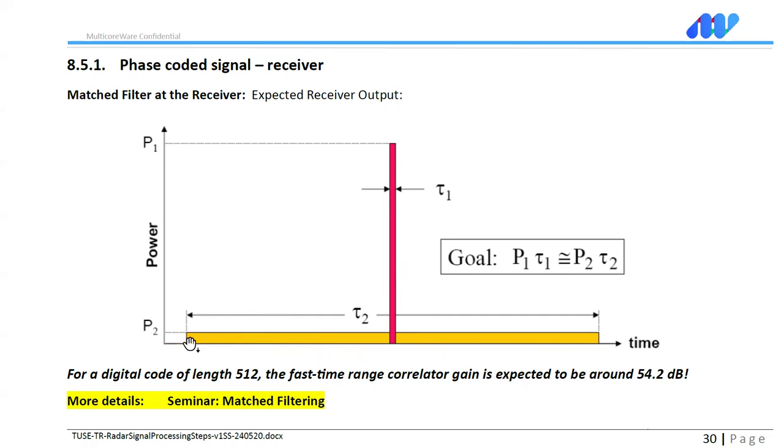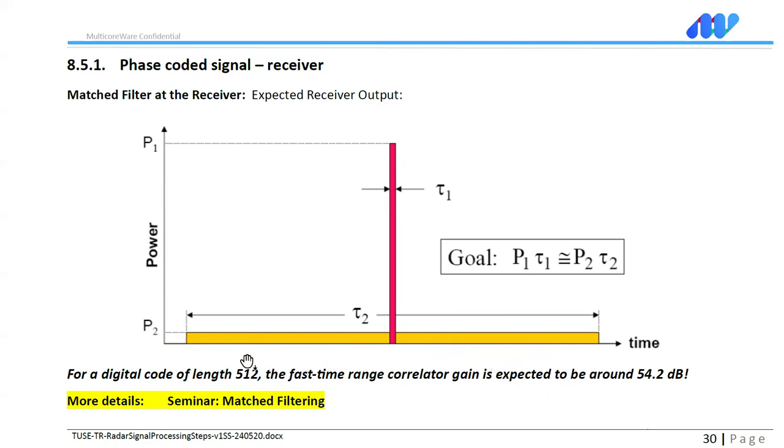So what you have is you're sending probably a very long pulse, because your instantaneous power is limited by your hardware. You cannot go way, way high. But what you can do is keep it on for some time so that the energy in this pulse is large.